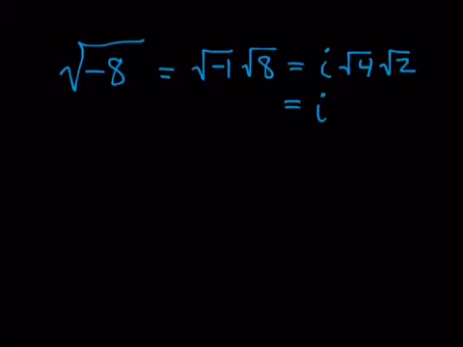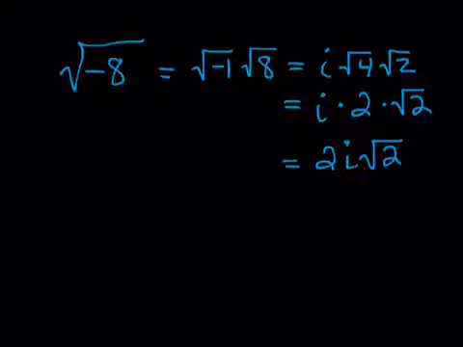Then I've got i, the square root of 4 is 2, and the square root of 2 is fully simplified. The order for these things: integers go in front of i, and square roots go after i. So this would be 2i square root of 2, and all three of those things are multiplied together.